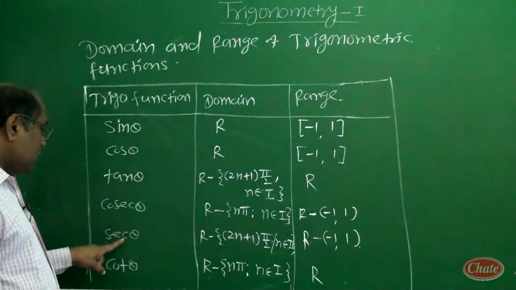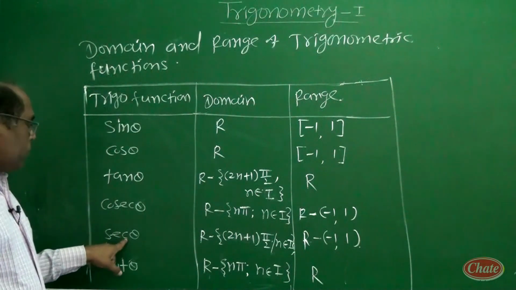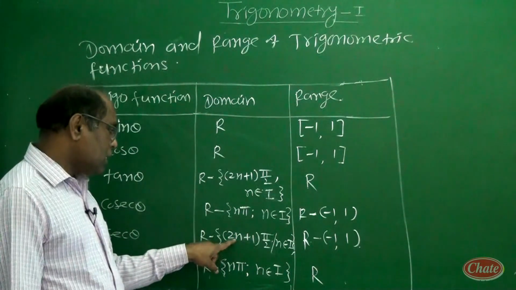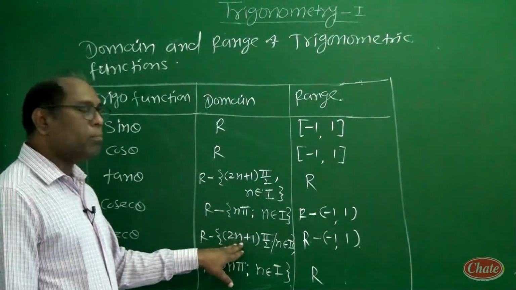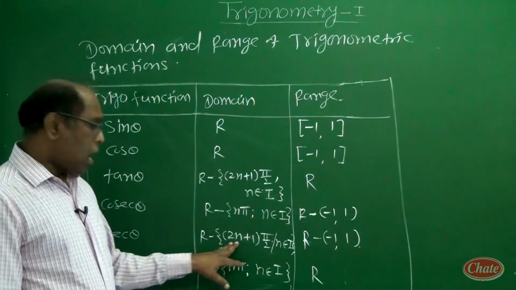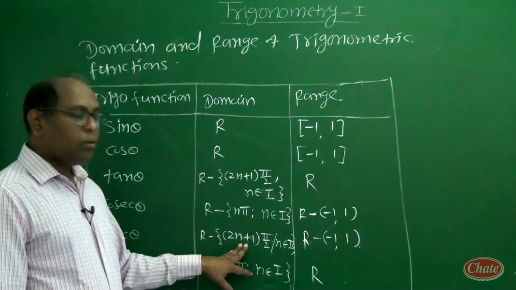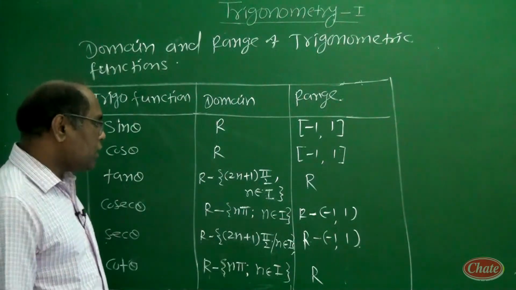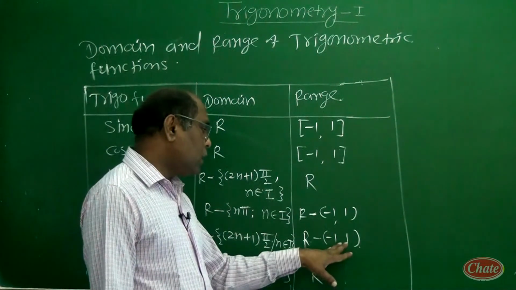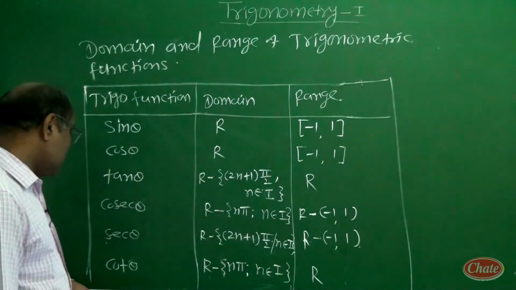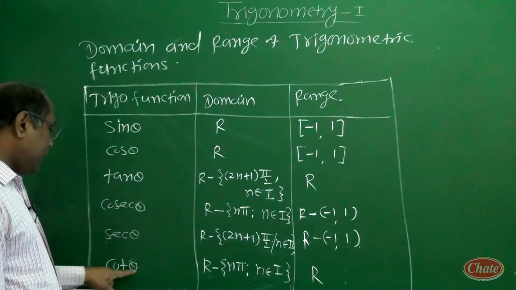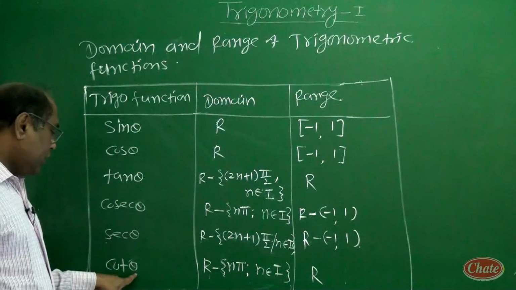Then sec theta. The domain of sec theta is R minus (2n plus 1) pi by 2, meaning R minus odd multiples of pi by 2, and its range is R minus the open interval minus 1 comma 1. And lastly cot theta.